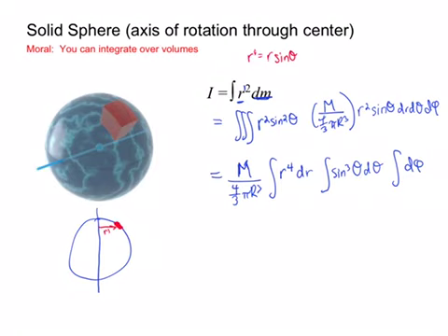Now, figuring out our limits is an interesting case. So here, let's say we've got our axis here, just like in the picture to the upper left, and here we've got the center of the sphere. The way I like to think about this is that when we integrate for the whole volume of the sphere, we have to first sweep from 0 to the max radius of the sphere.